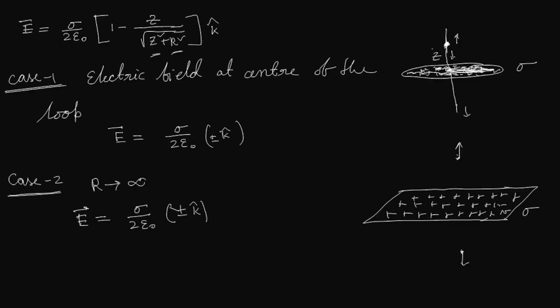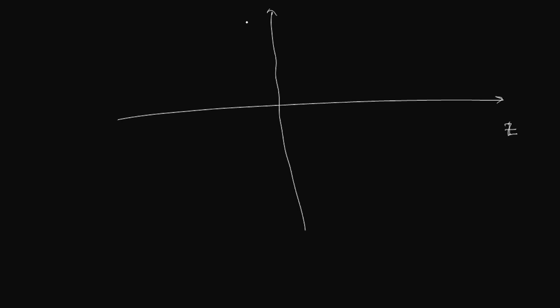So now we know the variation, so we can draw the electric field variation. Let me first draw the electric field for positive z values, that is above the loop. In this case the electric field will be in the positive z cap direction. At z equals 0, the electric field will be sigma by 2 epsilon naught k cap, so this much.